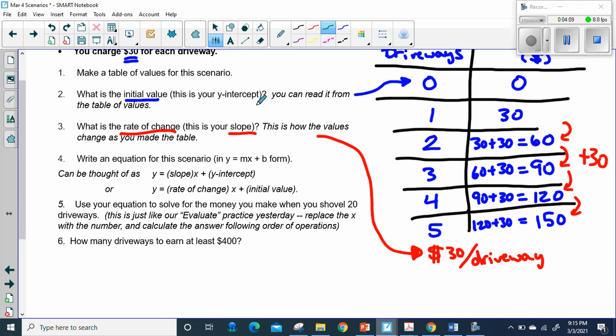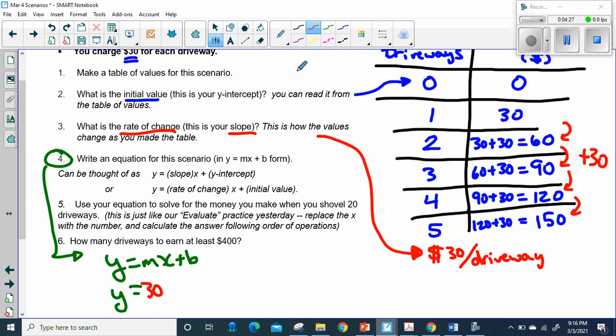Very good. So let's turn this now into an equation. So I want it in my y equals mx plus b form. So the money I earned is my y value. I'm making $30 a driveway. So x would be each driveway.